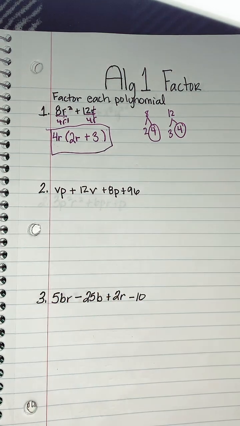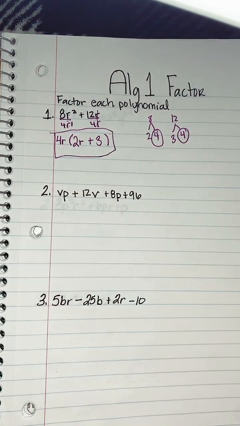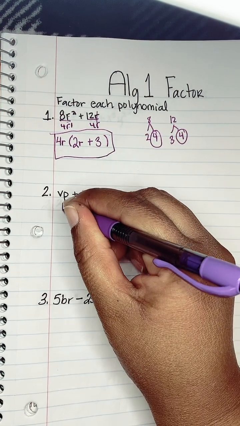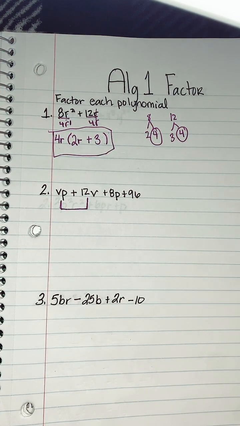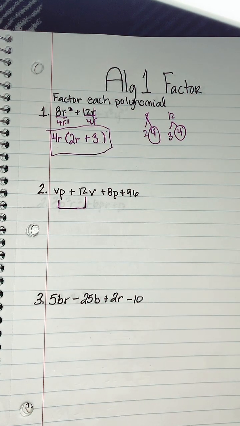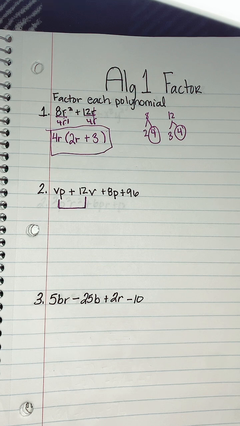Okay, so let's look at number 2. We have 4 terms, so we know we're going to factor by grouping. We're going to look here at the first 2. What do we take out of these first 2? V. I see those V's coming in.